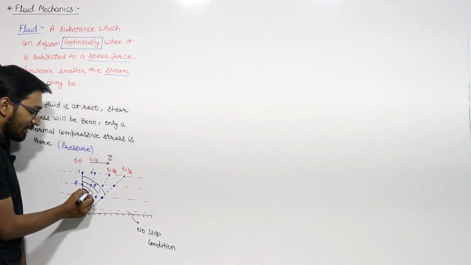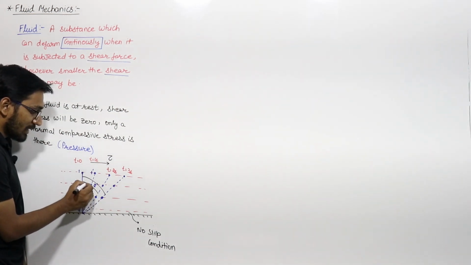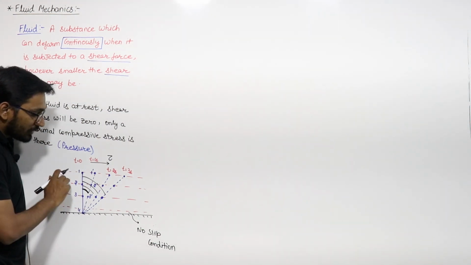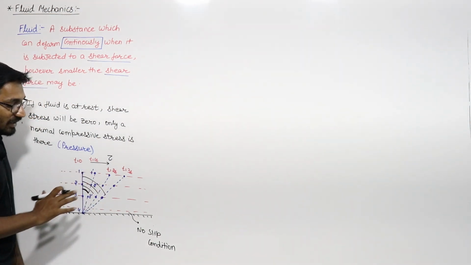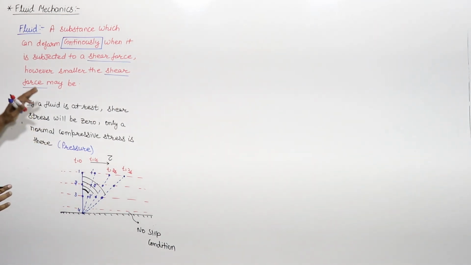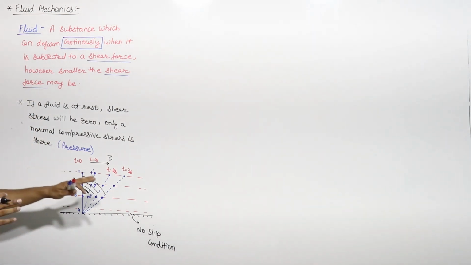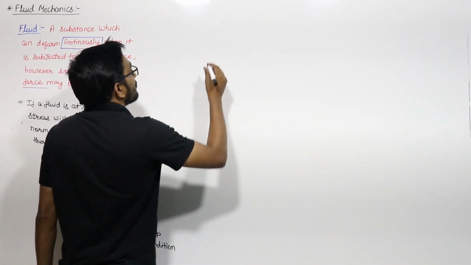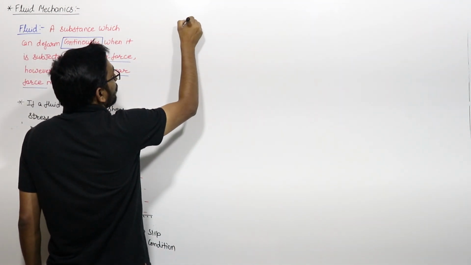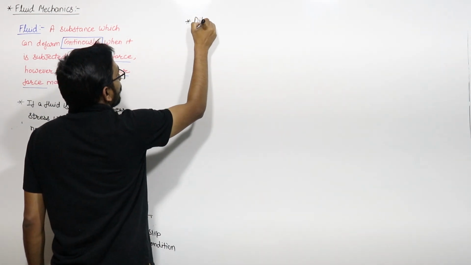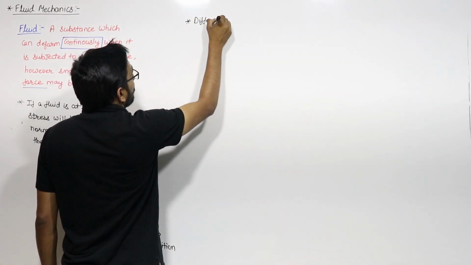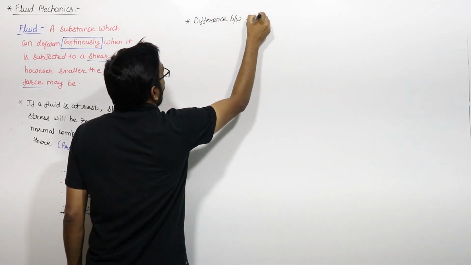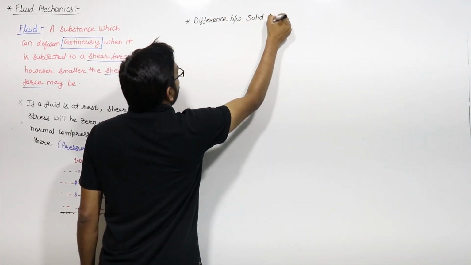This angle is one value when time is 1 second, another when time is 2 seconds, and so on. So this angle is continuously changing in your fluid element when it is subjected to shear stress. Now if somebody asks, what is the difference between solid and fluid?